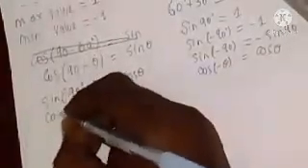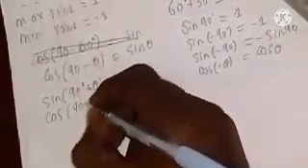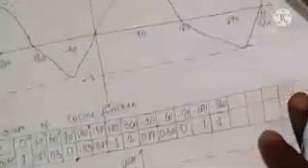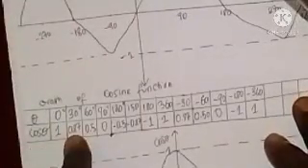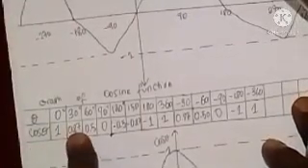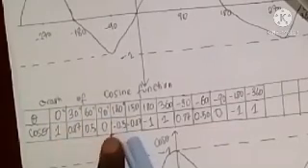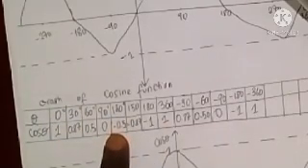But now let's try and do the same thing with cos. Cos of 90 degrees plus theta, what is it going to be equal to? Again, while we look at our values, this time I'm going to take 30 degrees. Cos 30 is 0.87, and if I add 90 degrees to 30 degrees, it gives you 120 degrees, and the value of cos 120 is negative 0.5.